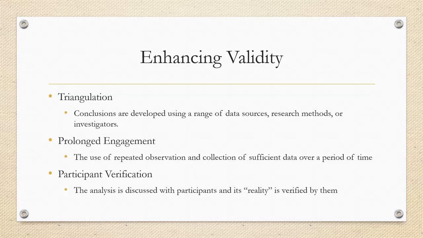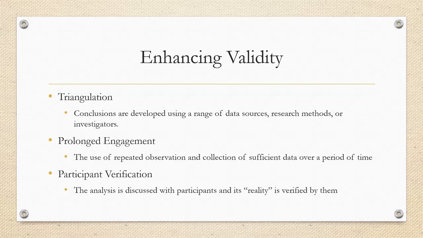Another option is participant verification. In this method, as you start to form ideas for what you think you're seeing, so maybe you conducted a needs analysis with the students and you think they're saying that they want more grammar, for example, or less grammar. Whatever picture you think you start to see emerging, you take it back to whoever you did the original needs analysis with.